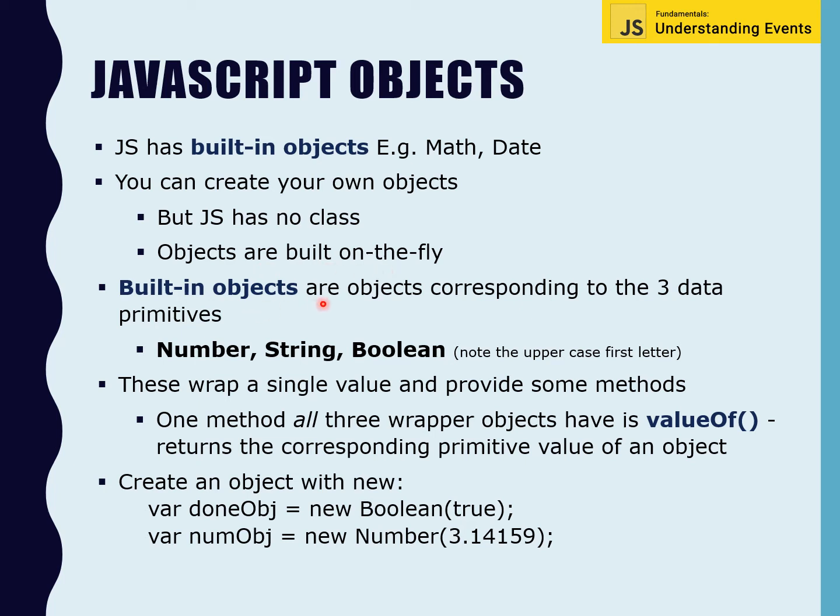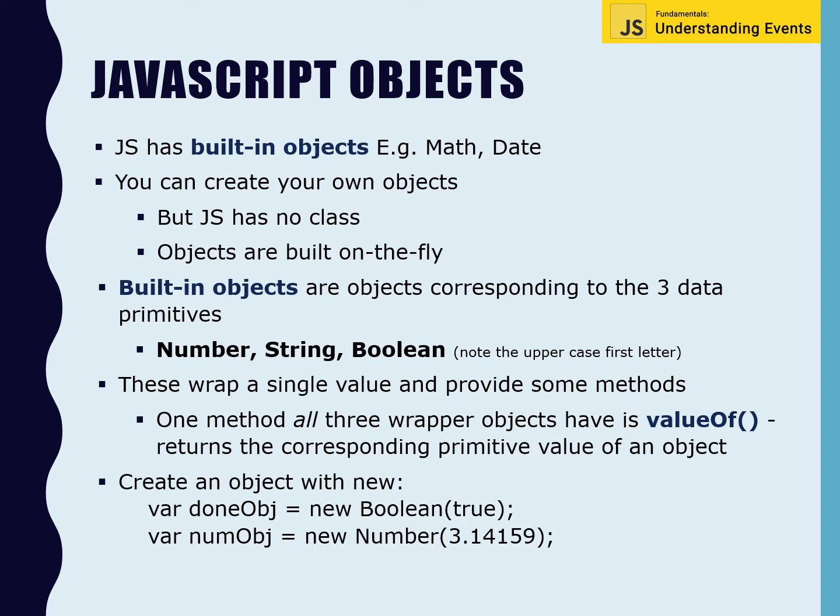Built-in objects are objects corresponding to the three primitive data types: Number, String, and Boolean. Whenever we specify these, the first letter of the corresponding data type should be in caps.